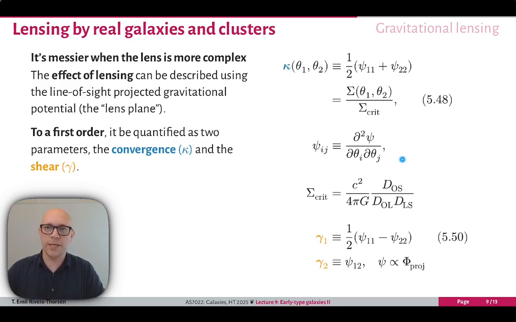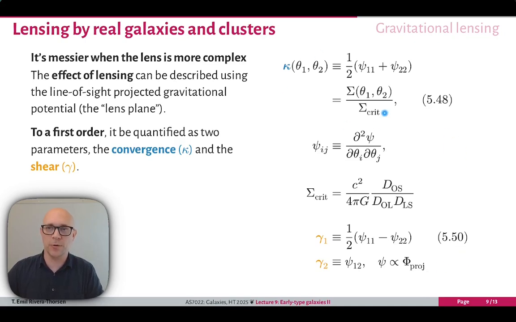Here is the definition of these psi ij. Here's not phi. I'm sorry for my wrong Greek. It is psi. And psi ij is given as these differentials here, where psi itself is basically called the reduced lensing potential. It is proportional to the actual projected lensing potential.